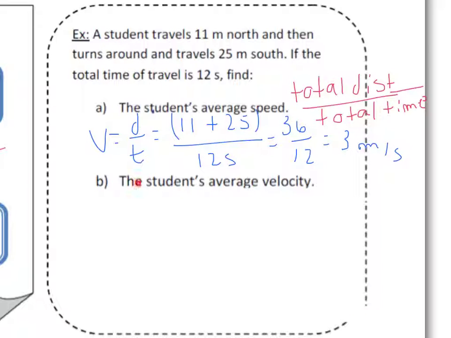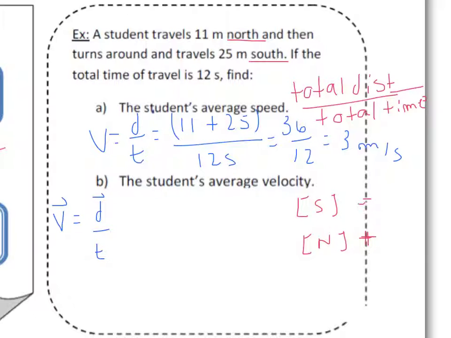Now to find the student's average velocity, we have to look at the directions. Notice that one is south and one is north. South is a negative direction and north is a positive direction. So velocity is change in position over time.